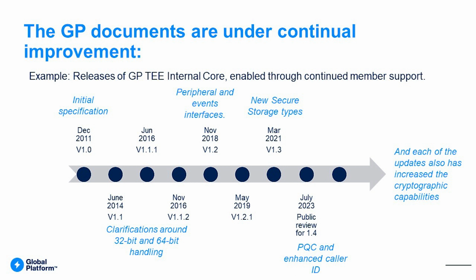But in 1.2, we took the capability set that had sort of been started in the trusted user interface work, and we generalized it further and we put it into the core. So now the core can talk to any hardware that has been connected via an appropriate hardware adaptation layer.